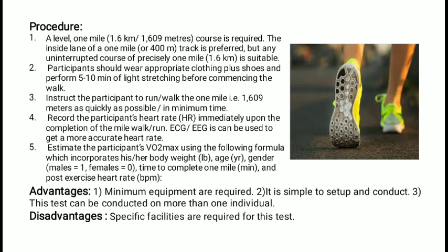The same applies here for the Rockport 1 mile test. At a time you can start 2 to 3 persons or more. You require a stopwatch. What is the disadvantage?